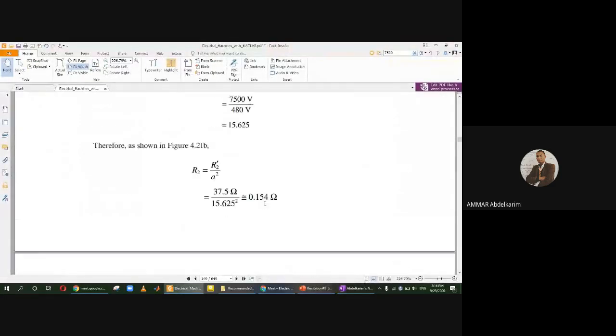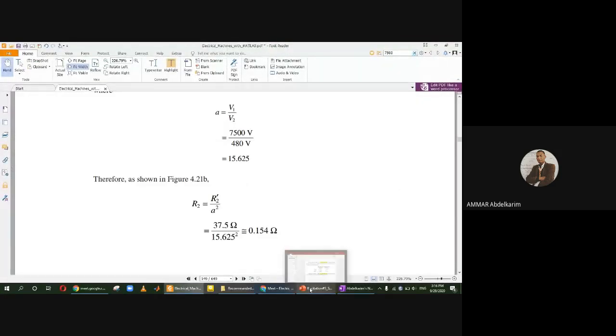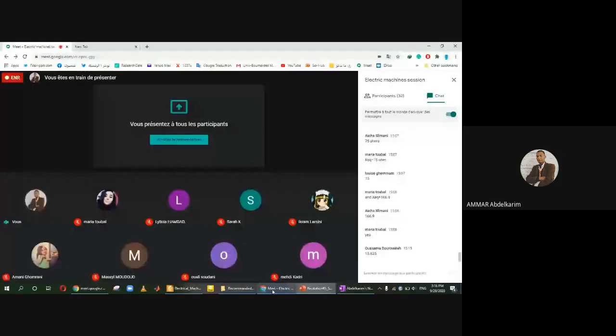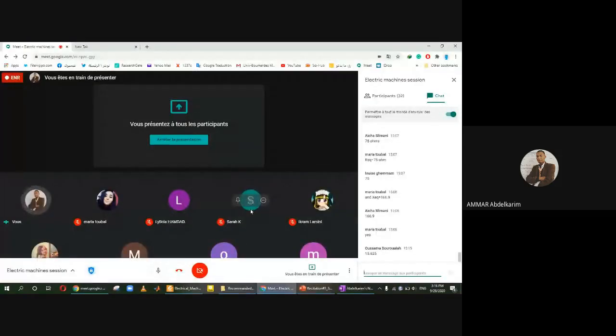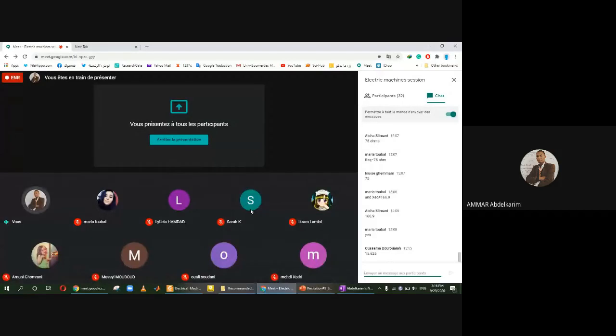To have the exact measurement of R1 and R2, we are going to do a test called the DC circuit test. I don't know why I forgot to add it in the lecture. We can feed the transformer with DC. Then from those measurements, you use Ohm's law directly, because in DC we don't have the effect of reactance.